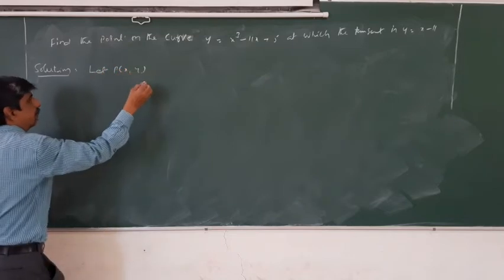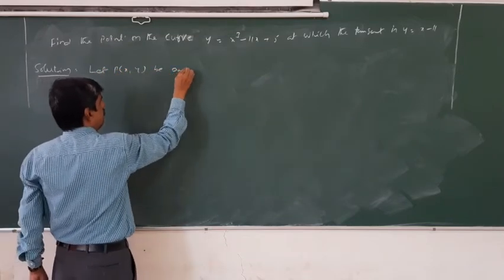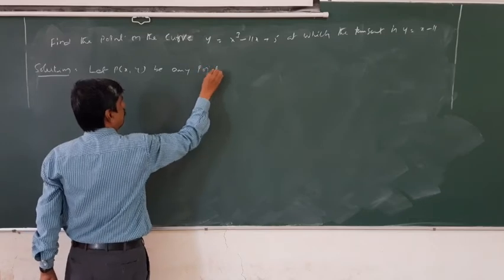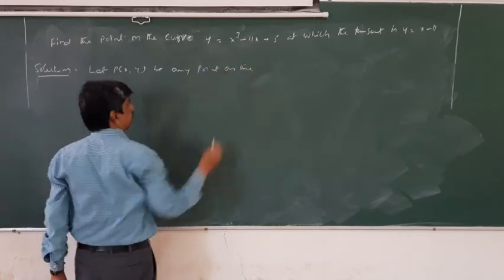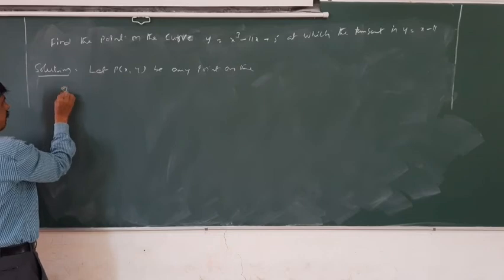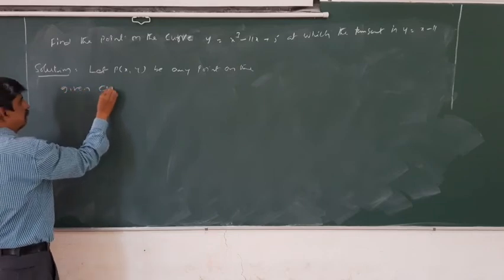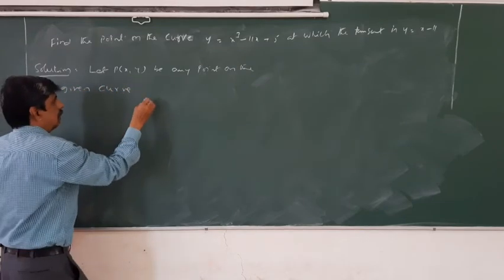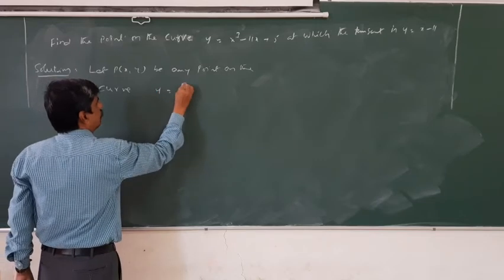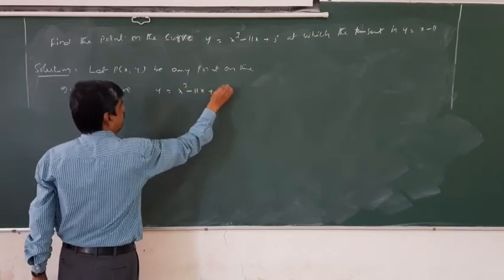Let P(x, y) be any point on the given curve y is equal to x cube minus 11x plus 5.